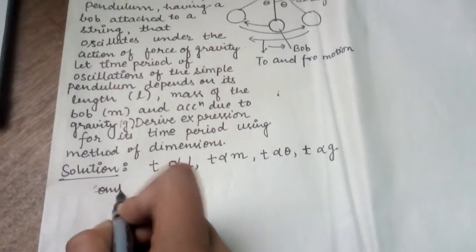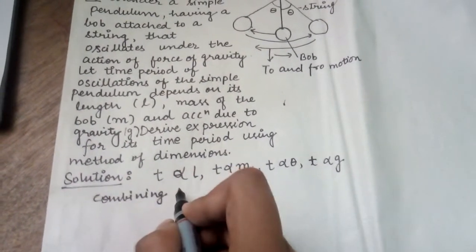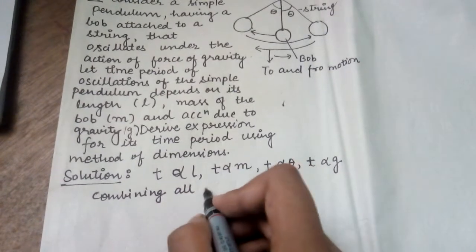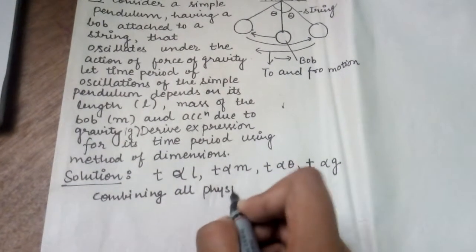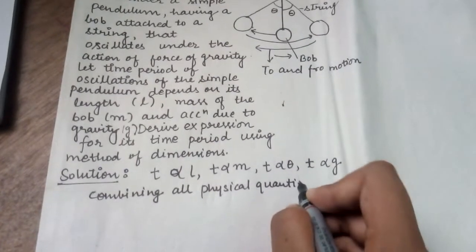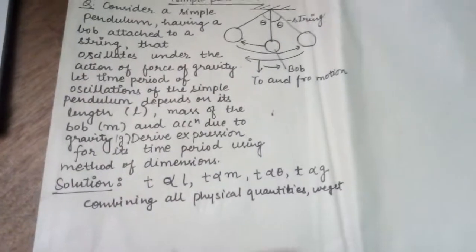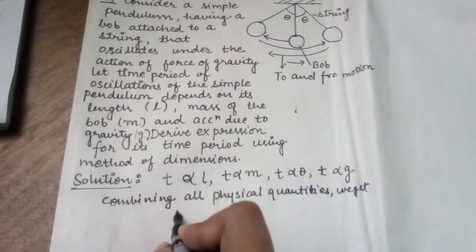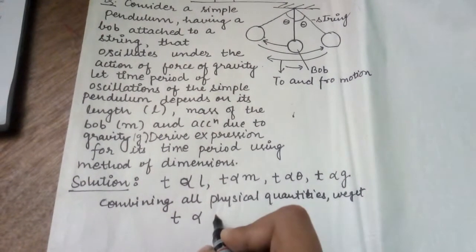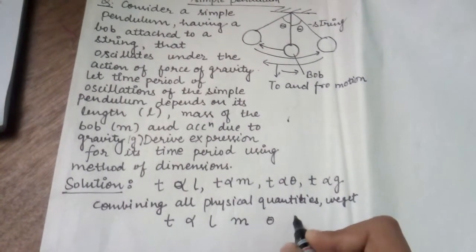Combining all physical quantities, we get t is directly proportional to L, m, theta and g.